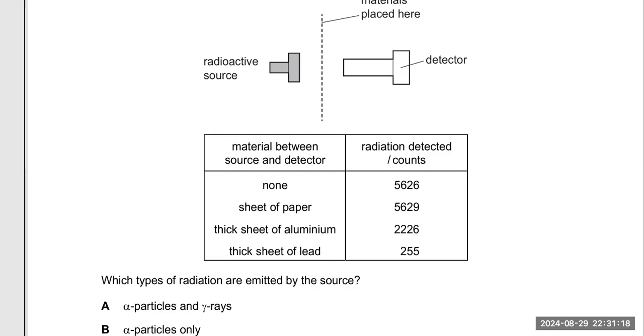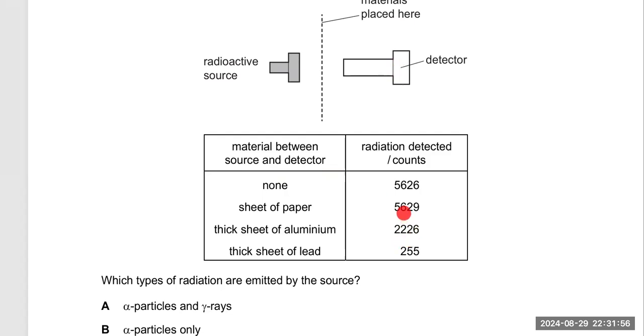This is the data. You can see when there is no material between the source and the detector, the radiation counted by the detector is 5626. When a sheet of paper is placed, the detector counts 5629, a little bit more. I think it detects the background radiation also. When they place the thick sheet of aluminium between detector and source, the detector counts 2226.